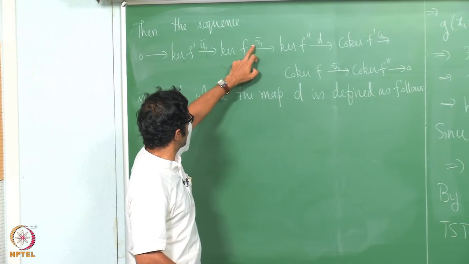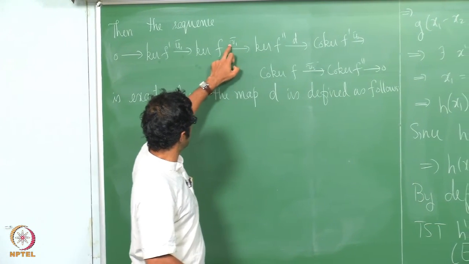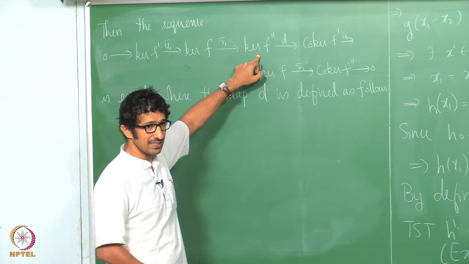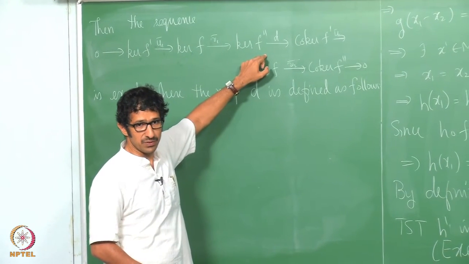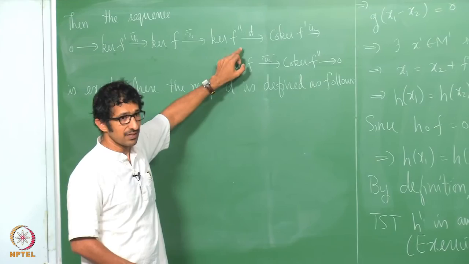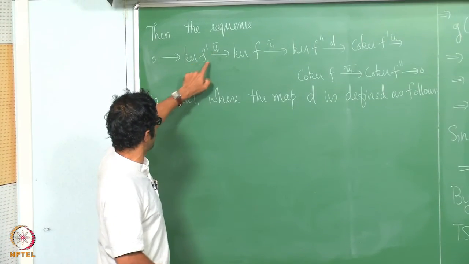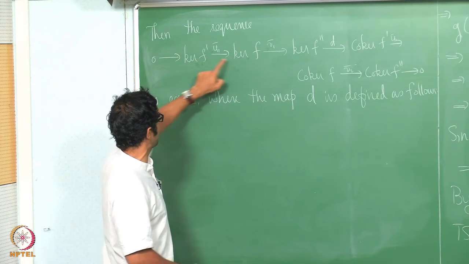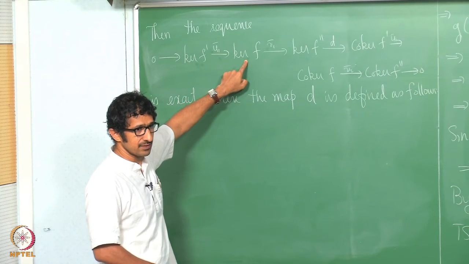Next thing you need to show is that there is a map v1 bar from here to here. Here it is exact, that is what we need to prove. I will come back to that. First I will show that u1 bar of kernel f prime goes inside kernel of f.